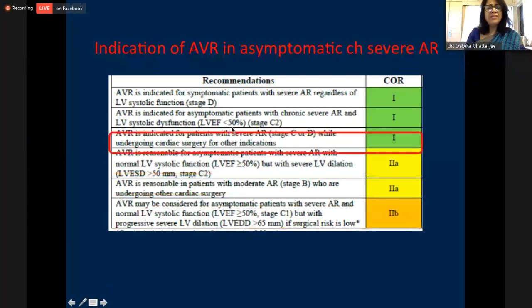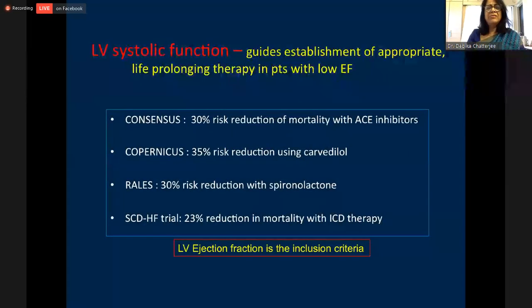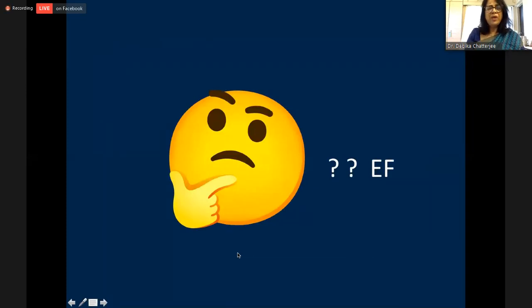And not only that, the LV systolic function also guides the establishment of appropriate life-prolonging therapy in patients with low EF. In different studies, we have seen that the inclusion criterion again is LV ejection fraction. So we need to think twice before putting the figure for an ejection fraction.